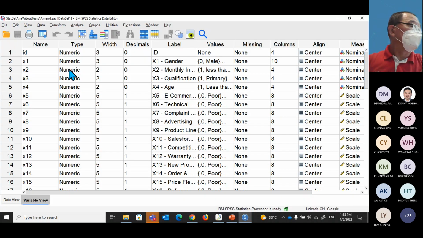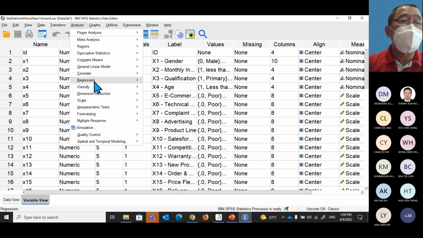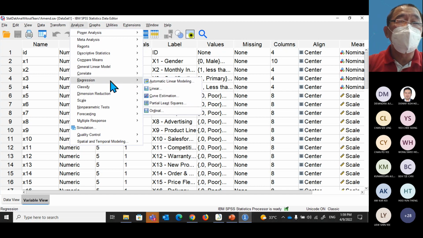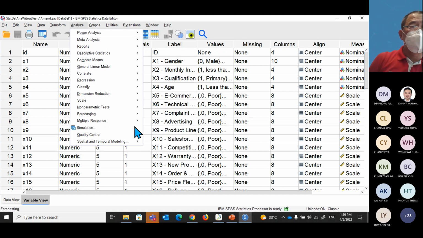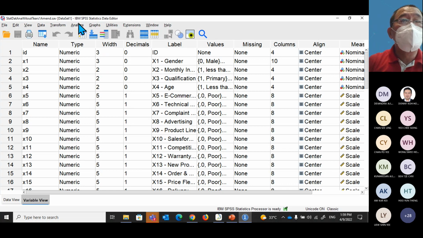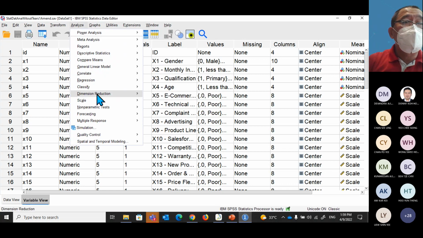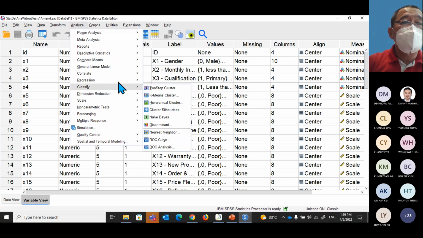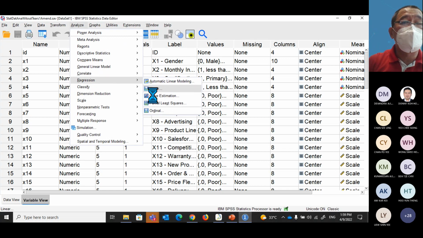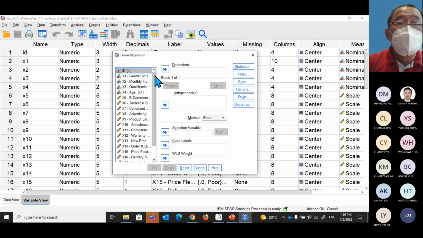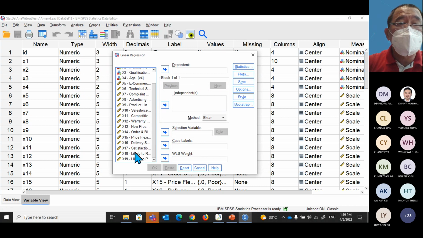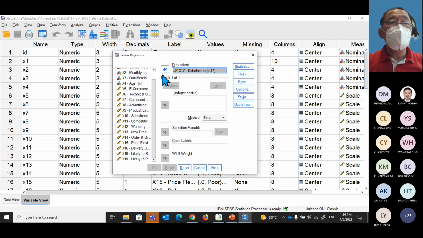Now we see this. For this one, analyze, regression, and then linear. Now we can increase the independent variables, but the dependent variable is still the same.